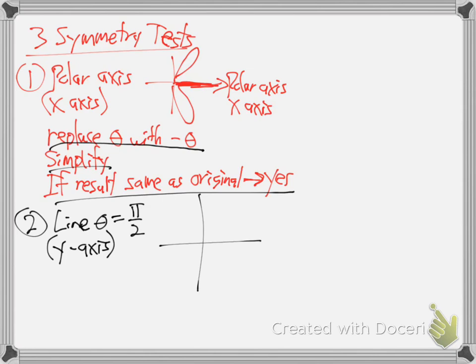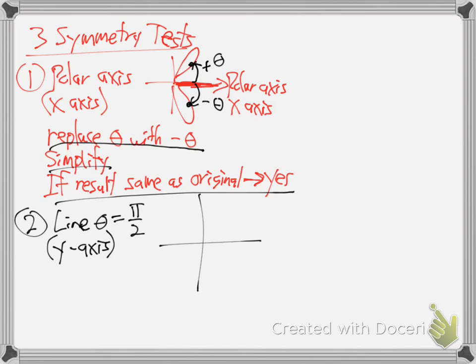In fact, let me actually write it right on here. It's because if positive theta and negative theta have the exact same points always, then the graph is the same above and below the x-axis, above and below the polar axis. They call that the polar axis when you're in the polar world.